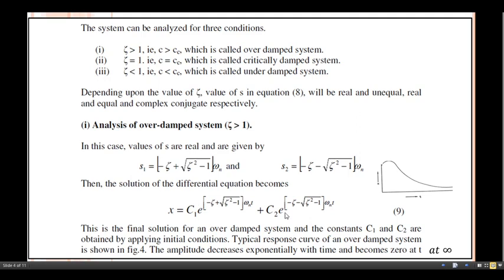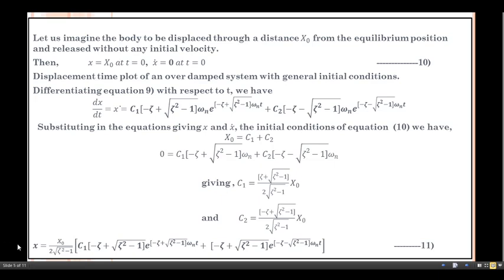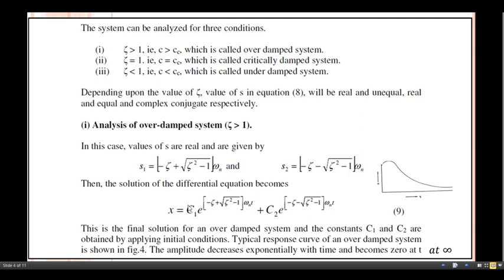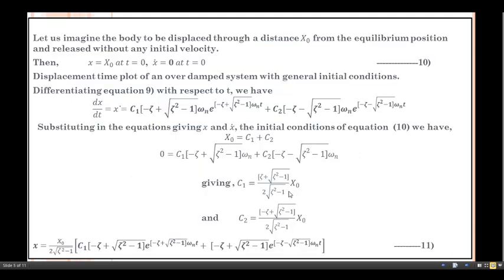We already have this equation, and we know the values of c1 and c2. Just substitute here and get the value for x. So x is nothing but the c1 term, so you have to replace this c1 by this term. c1 is x naught divided by 2 into square root of zeta square minus 1, into minus zeta plus square root of zeta square minus 1.